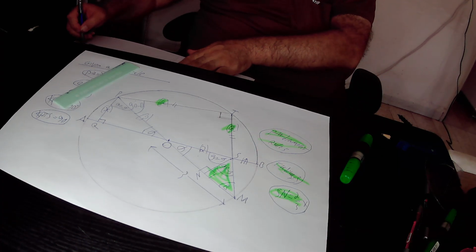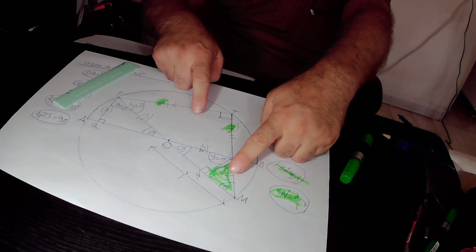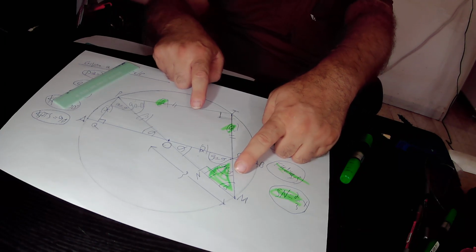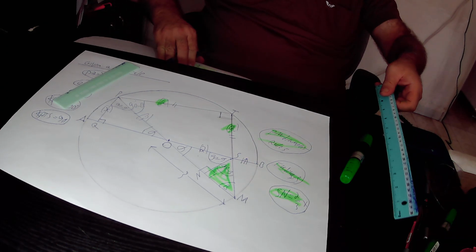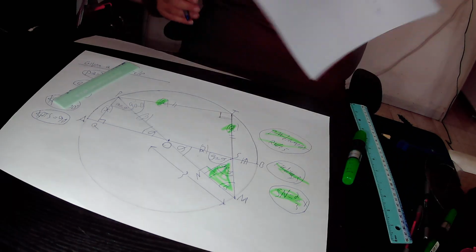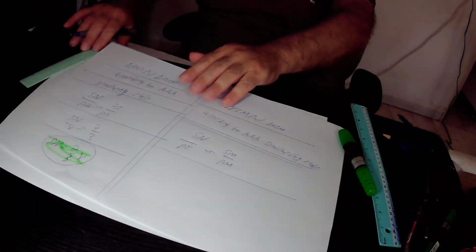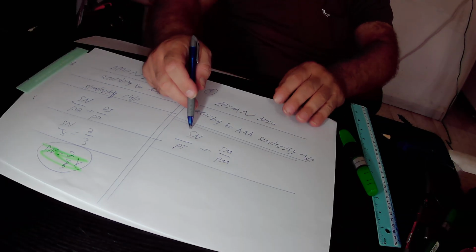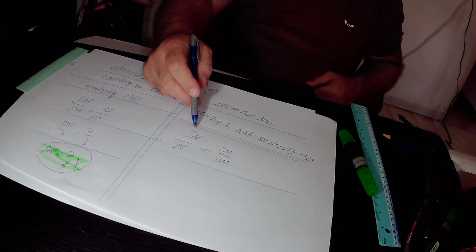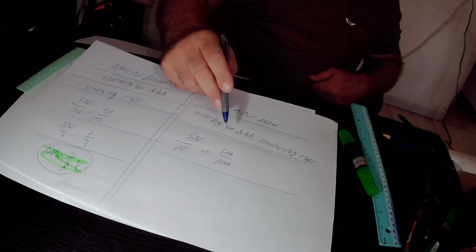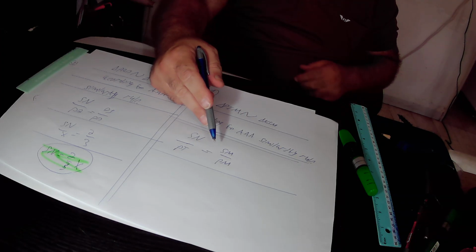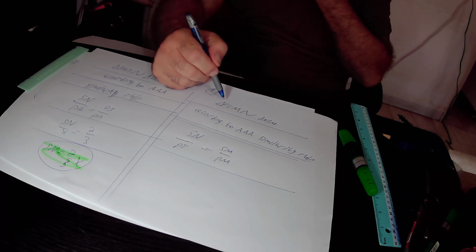Again, from the fact that those two right triangles are similar to each other, we derive that the following relationship exists between their sides. Side Sn of the green small right triangle NSM over side PT of the big right triangle PTM is equal to side SM of the green small right triangle NSM over side PM of the big right triangle PTM.